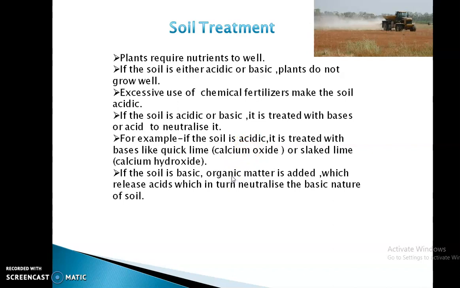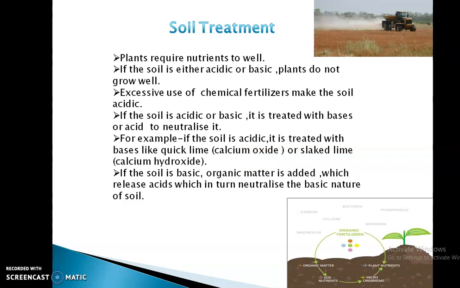But if your soil is basic, then you have to add organic matter or humus, the waste things, kitchen waste or cow dung. When you add it, it will release acid and neutralize the effect of the base. Hence, that way we can make the soil neutral again.